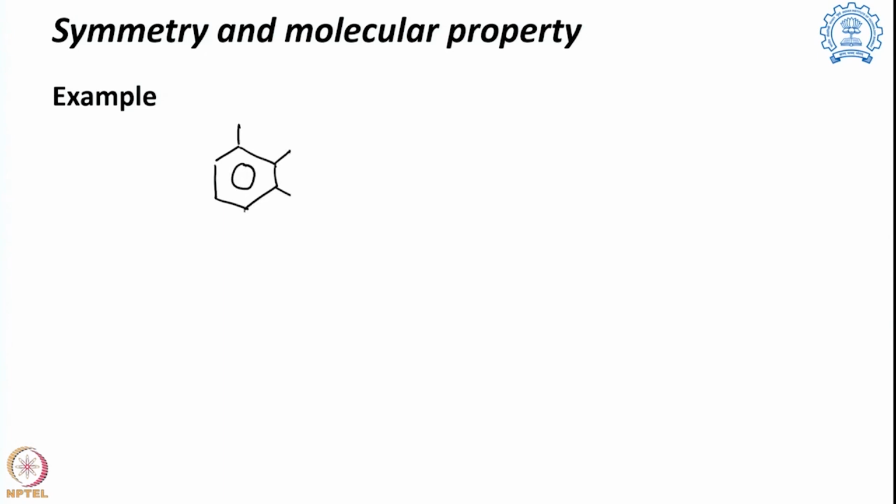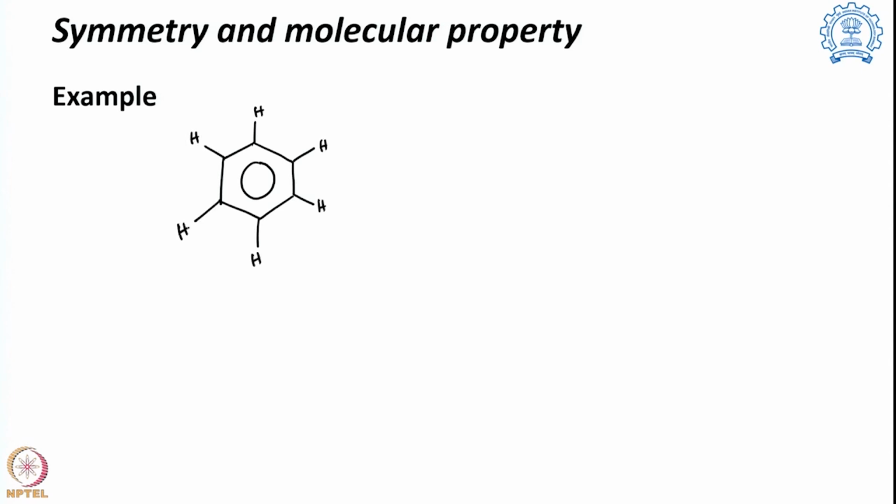So, this is the benzene molecule I draw. It is quite a common molecule, and this actually has 6 hydrogens around it.